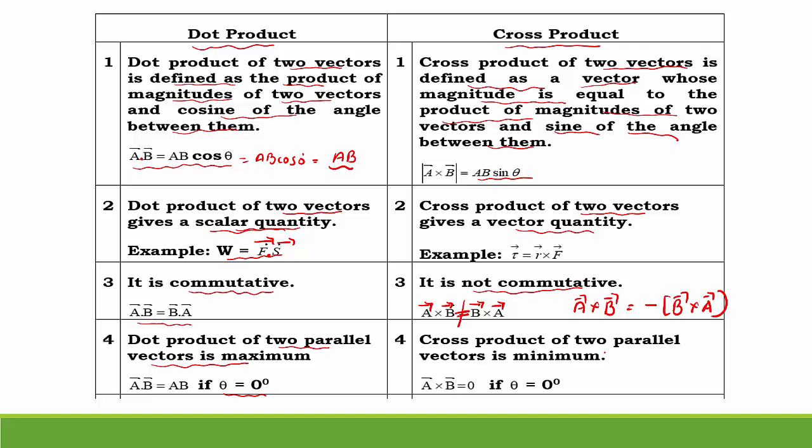Similarly, for cross product of two parallel vectors we get 0, because we substitute AB sin 0, which is 0. Zero into anything will be 0. So cross product is minimum for two parallel vectors, but dot product is maximum.